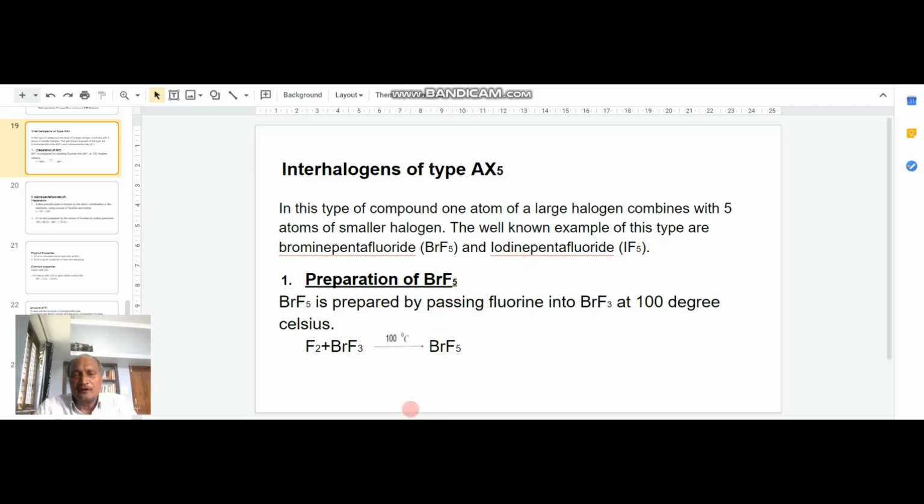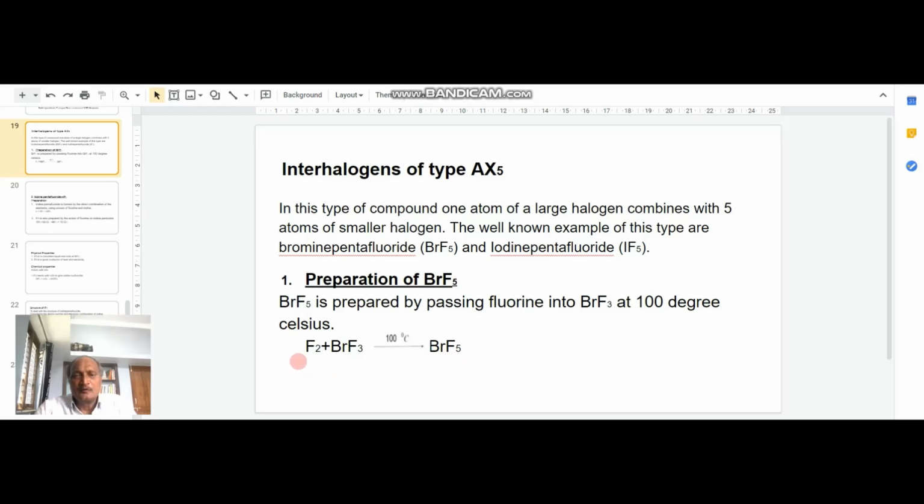That is, 1 mole of fluorine, F2, combining with bromine trifluoride, BrF3, at about 100 degrees Celsius, forms bromine pentafluoride.